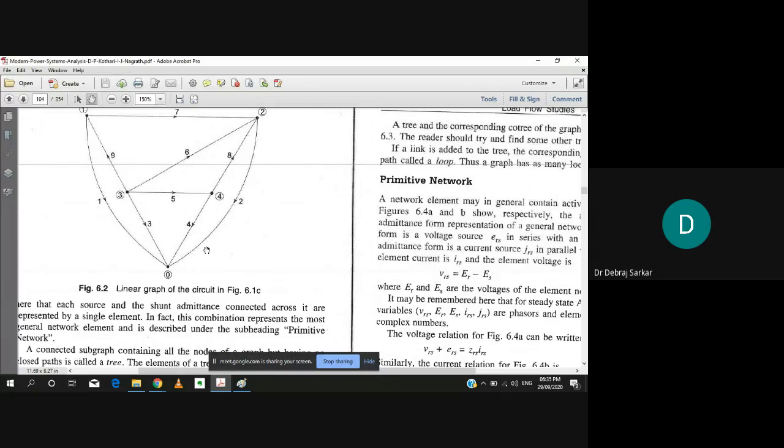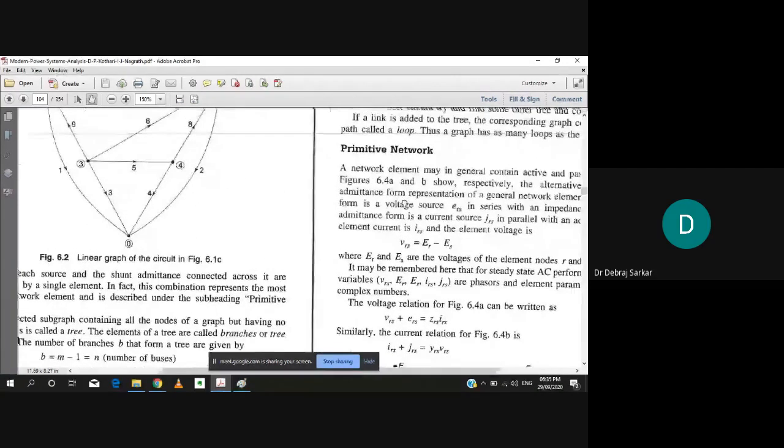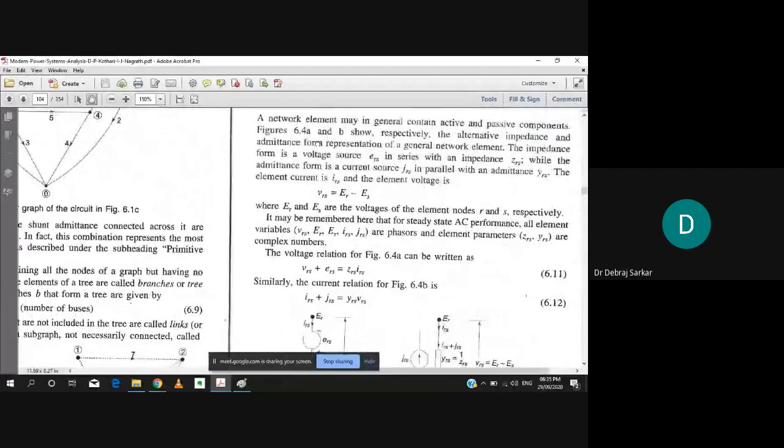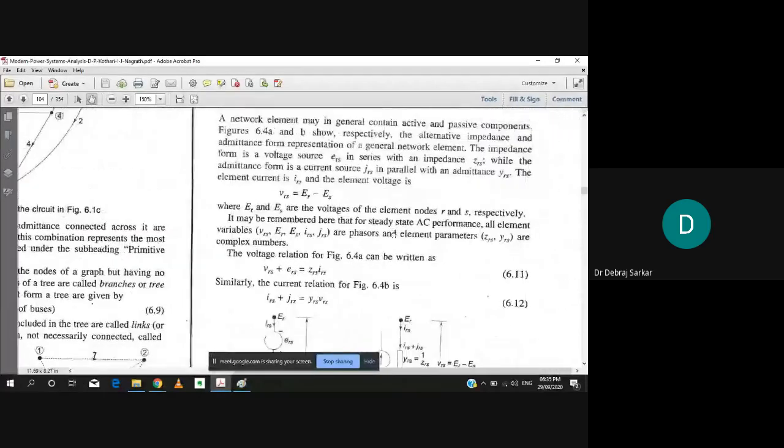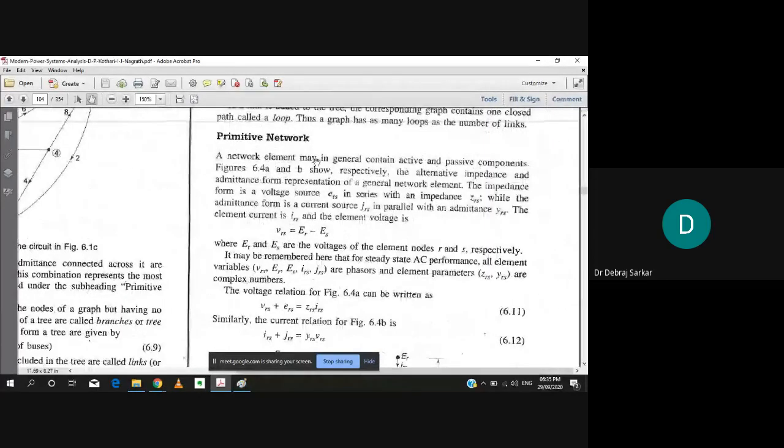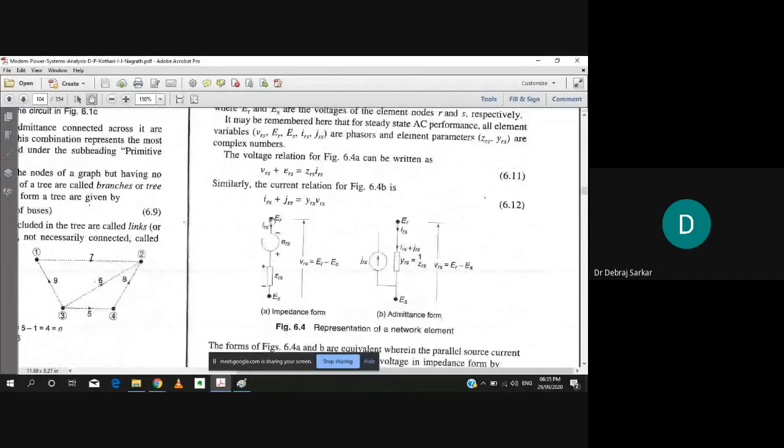Here it is only represented by a line, but it can be a series resistance connected with an inductance in parallel with a capacitor, whatever. It just shows the connection. So we will create something called a primitive network. It is that circuit that represents this element, the branch.